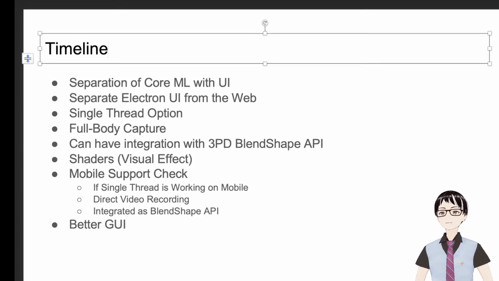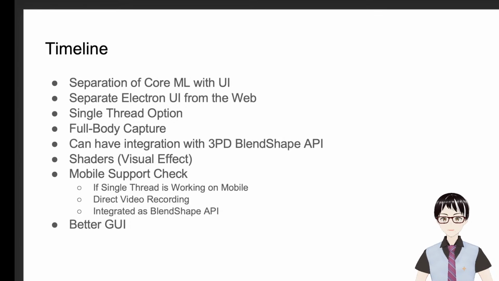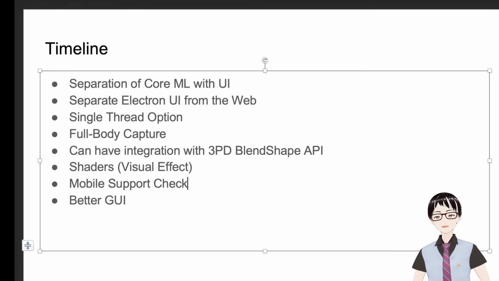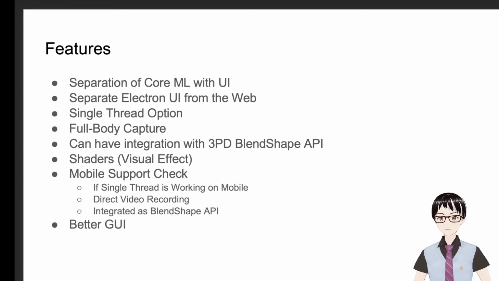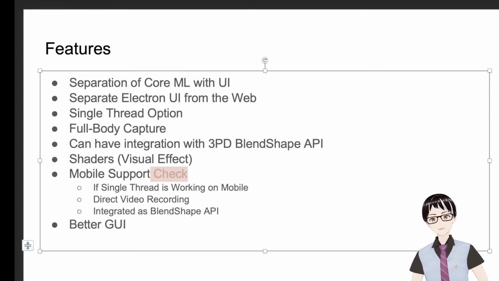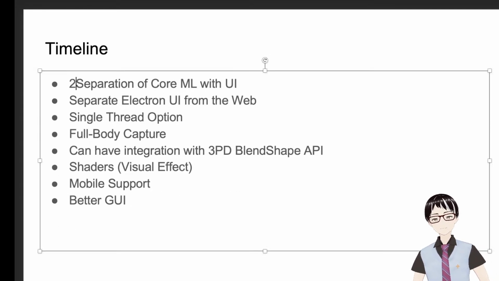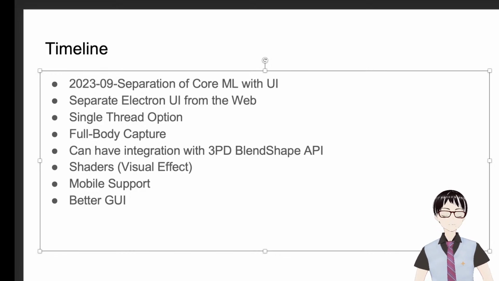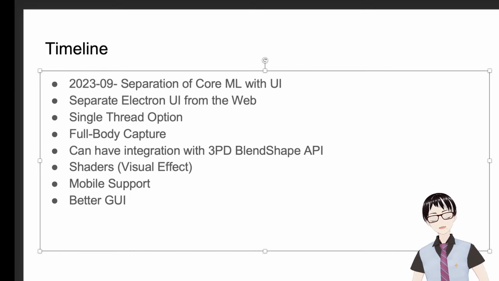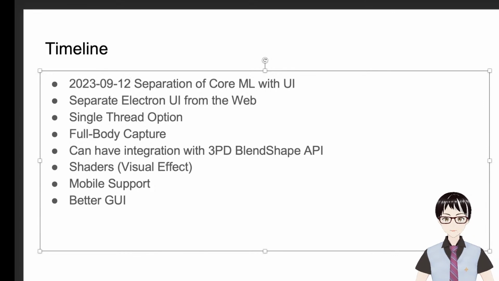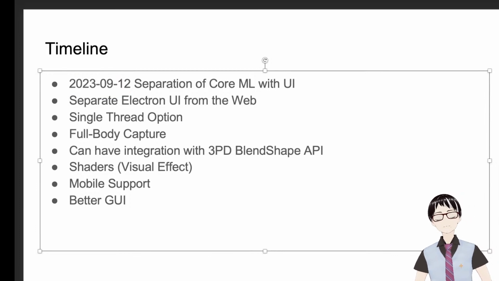I've created a new page with timeline, and let's just get the sub items removed as well. So for timeline, we should be able to finish everything. Okay, so separation of core ML with UI, let's do it tomorrow.